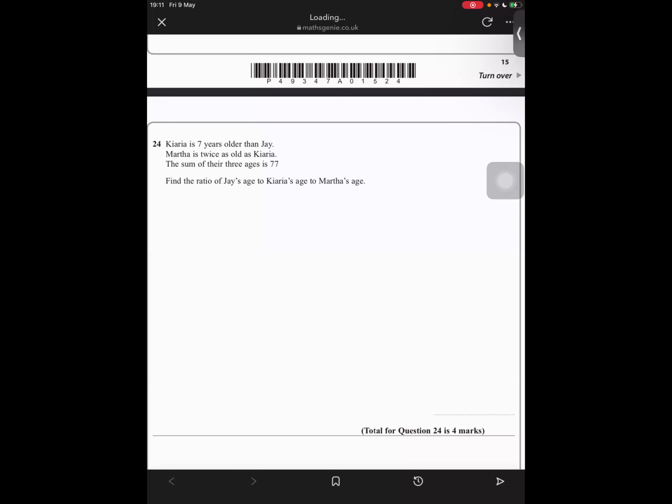So I guess you can now get the ratio, right? If we have to write out the ratio, how are we going to write it? So that means J is 14, right?